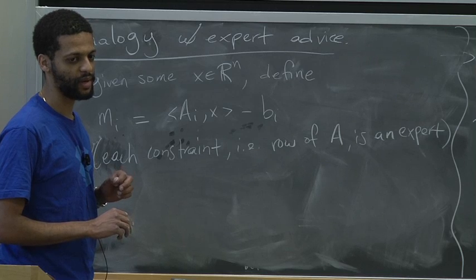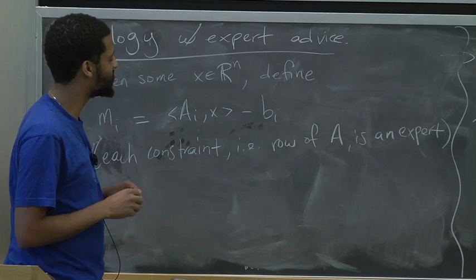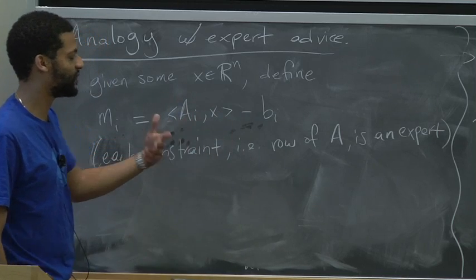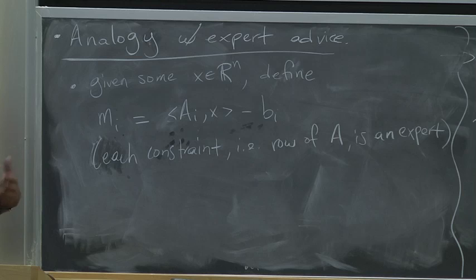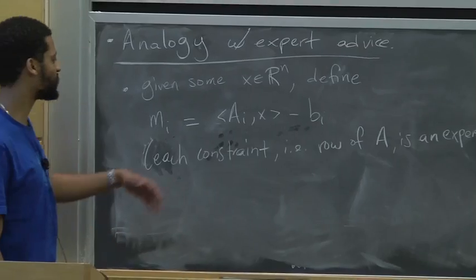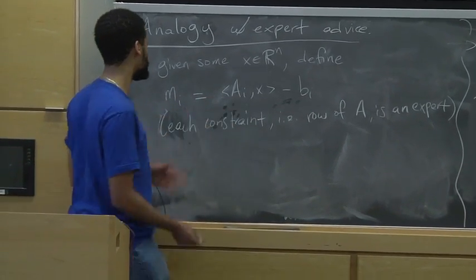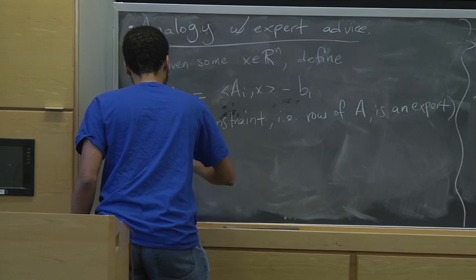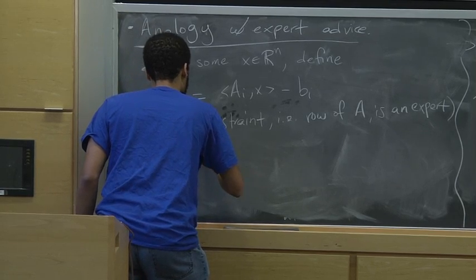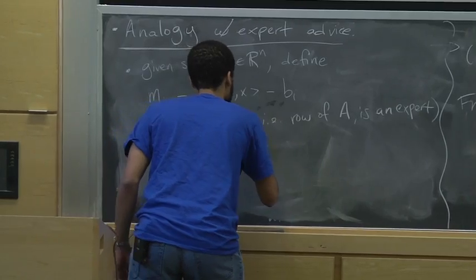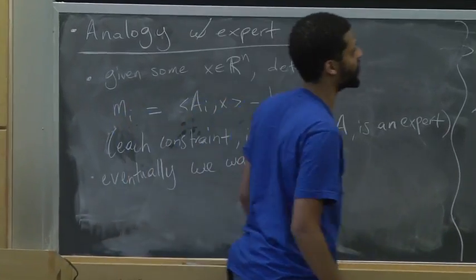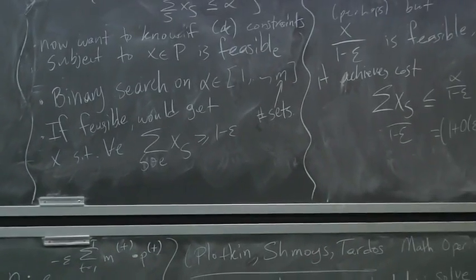But really what matters more is to think about how multiplicative weights treats experts who are wrong. It weights them less, right? So eventually we want this approximate feasibility up to this epsilon over there, right?